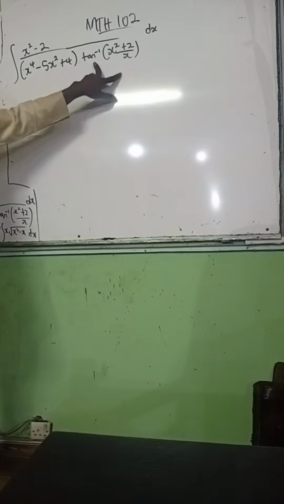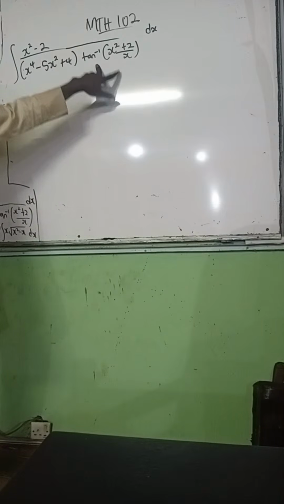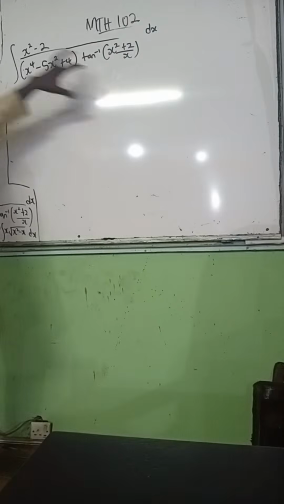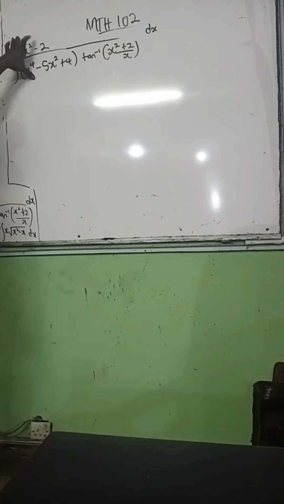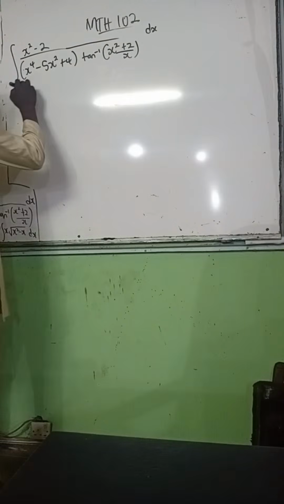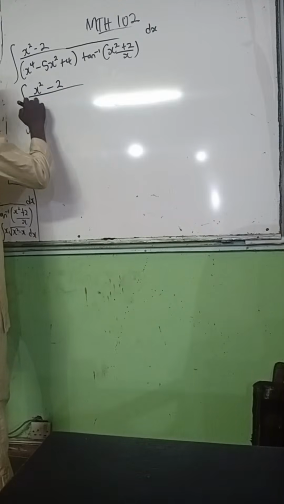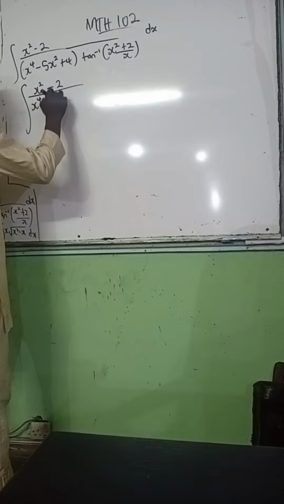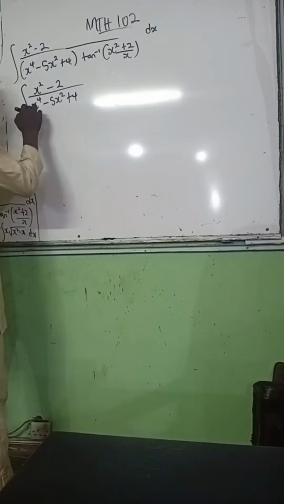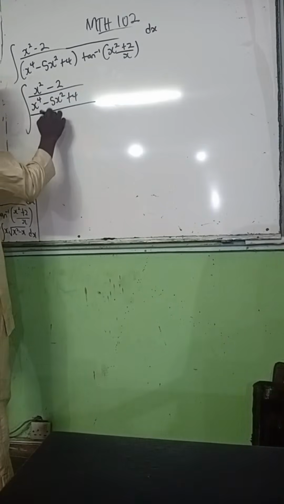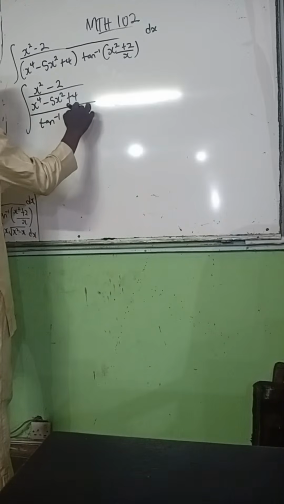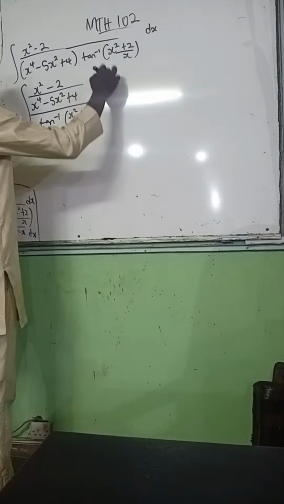If I differentiate tan inverse of x squared plus 2 over x, I will get x squared minus 2 over x to the power 4 minus 5x squared plus 4. And my answer will be ln of this. So I want to write this as integral of x squared minus 2 divided by x to the power 4 minus 5x squared plus 4, divided by tan inverse of x squared plus 2 over x, dx.